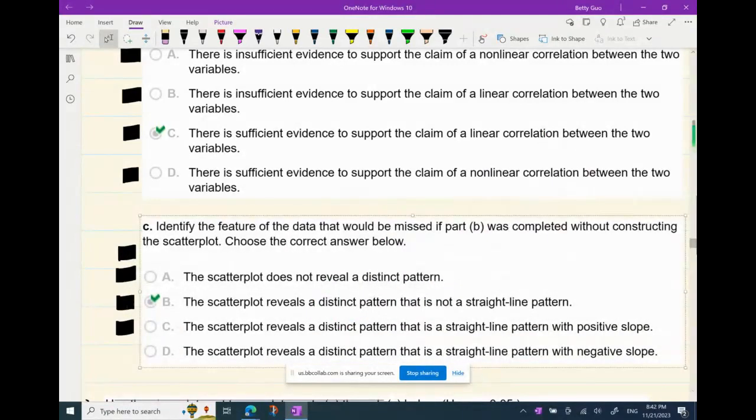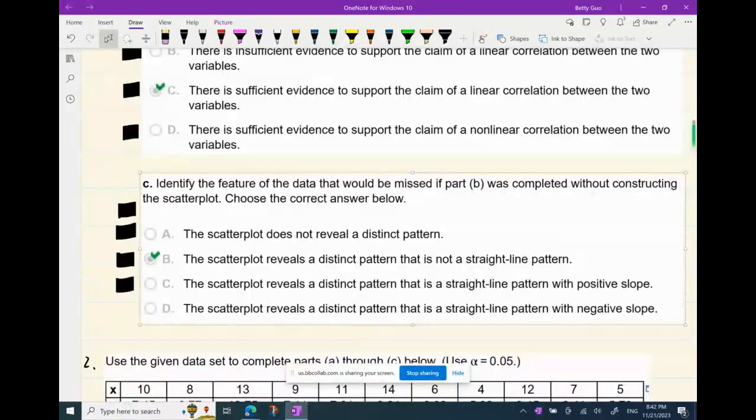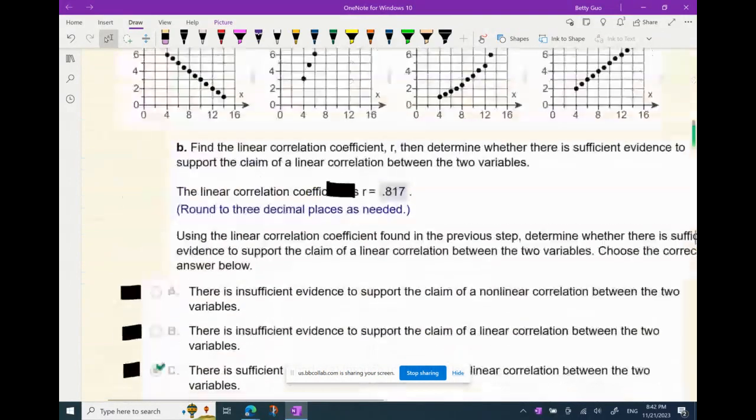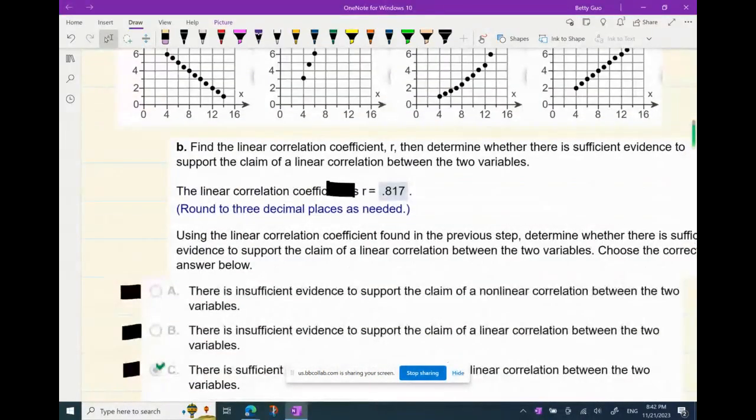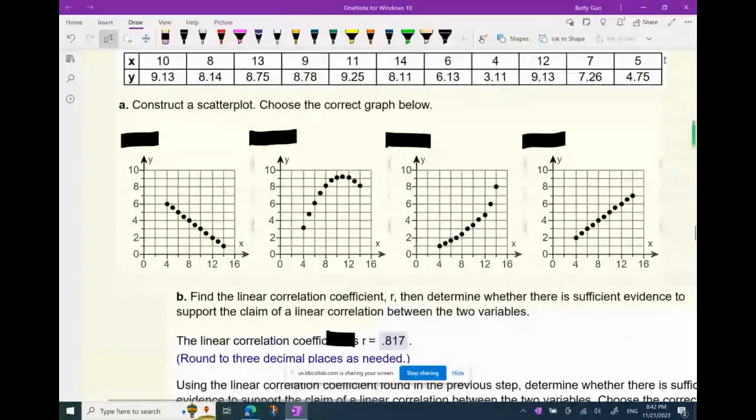Yeah, the scatter plot reveals a nonlinear pattern, but the linear correlation coefficient is very strong.